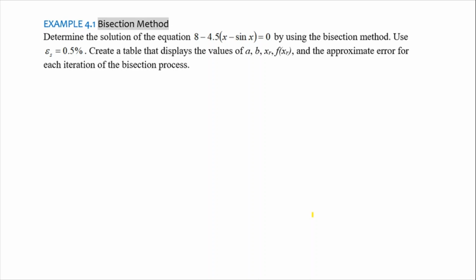So as an example, which is given in your modules, determine the solution of the equation 8 minus 4.5 multiplied by the quantity x minus sine x by using the bisection method.